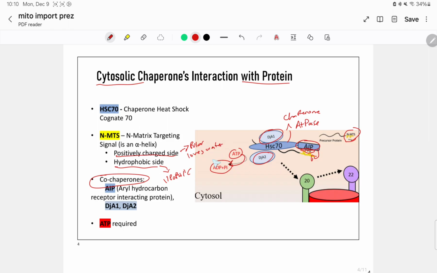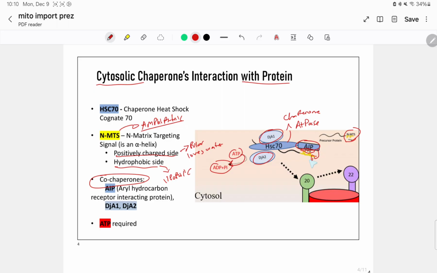We call that hydrophilic. So it has a hydrophilic side and a hydrophobic side. We call a molecule that has both of those properties amphipathic.